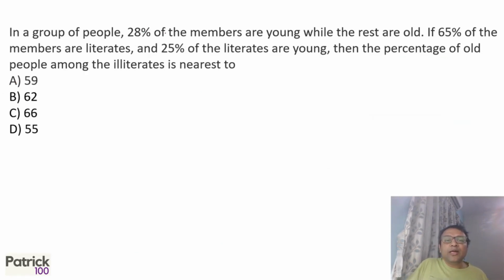In a group of people, 28% of members are young. Let's say 100 people, because all are in percentages. So 28 are young, the rest are old, which is 72. 65% are literate, so 65 are literate, of which 25% are young. 25% of 65 is 16.25, you divide by 4.